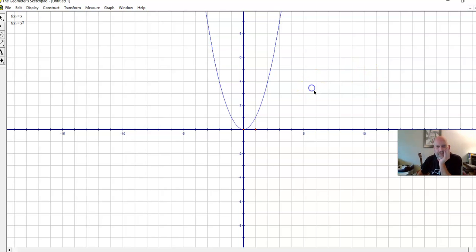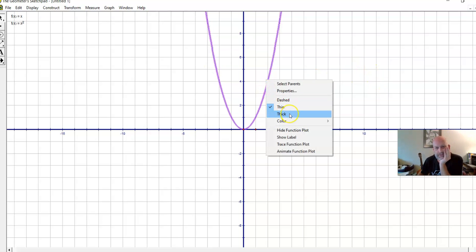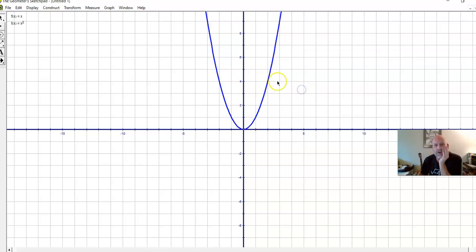Okay, so if I have something like x squared here, let's make it thick. What ends up happening when you take its inverse, you know, we go across this line here, but what you end up with is a function that looks like this, right?